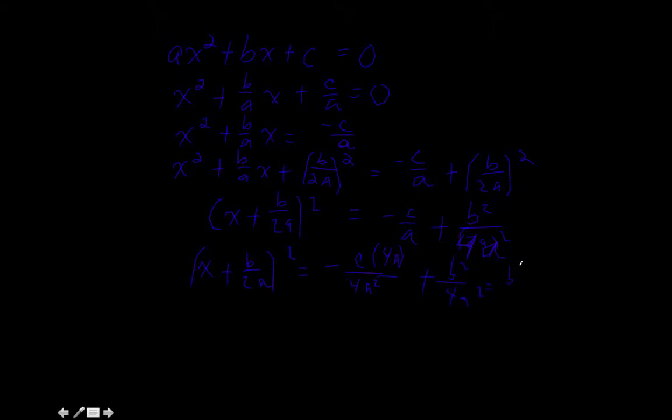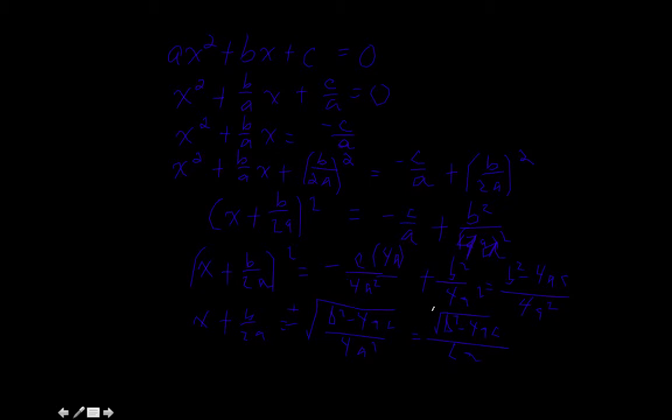So this equals b squared minus 4ac over 4a squared. That's just writing that in a different order. So then x plus b over 2a equals the square root of b squared minus 4ac over 4a squared. But the square root of this is 2a, so I can just put this b squared minus 4ac over 2a.